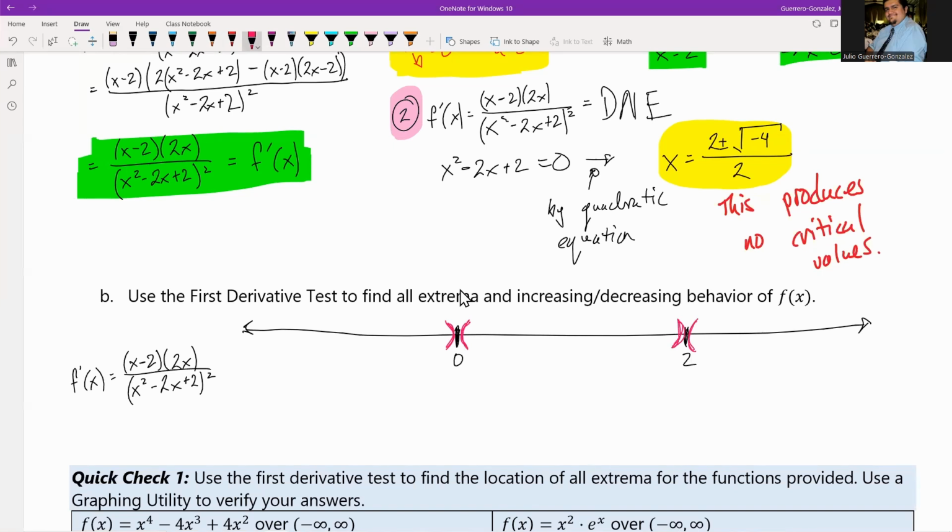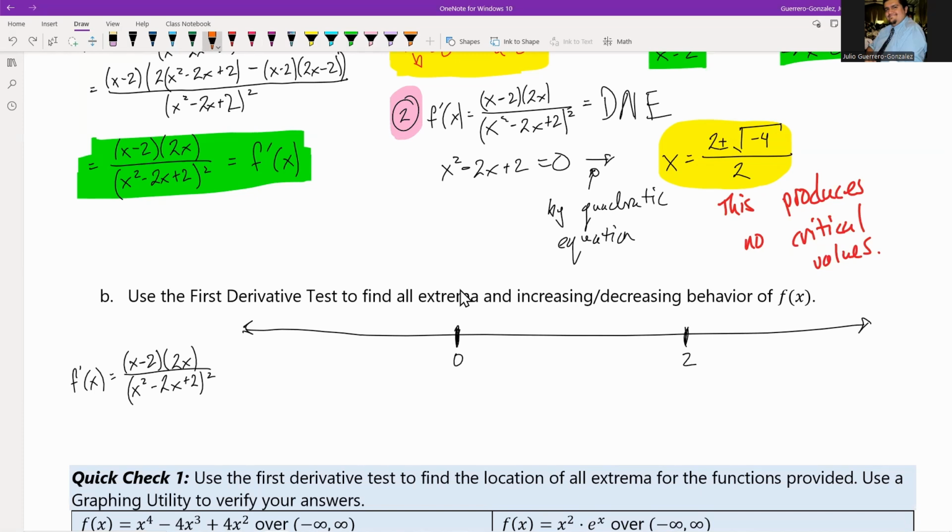We're going to choose test values within those intervals, and we're going to look at just the sign. Anything before 0 would be a very good test value.